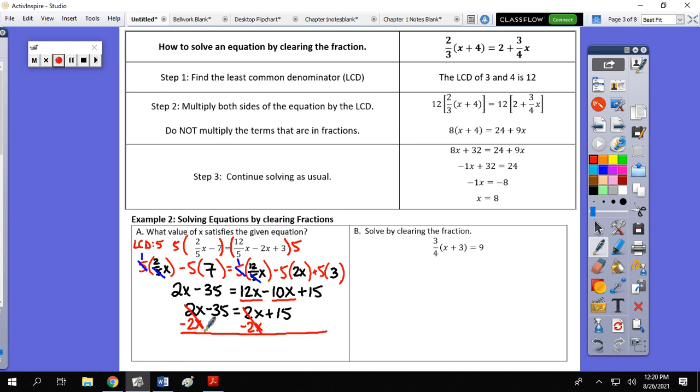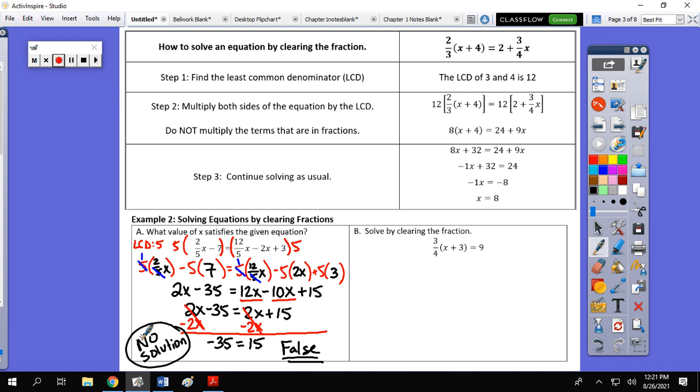The x cancels out on both sides. So what we do when the x drops out is we look at what is left. In this case, we have negative 35 equals positive 15. And we ask ourselves, is that statement true or false? That is very much a false statement, which means that this problem has no solution.